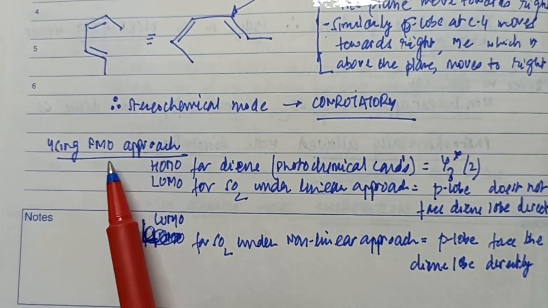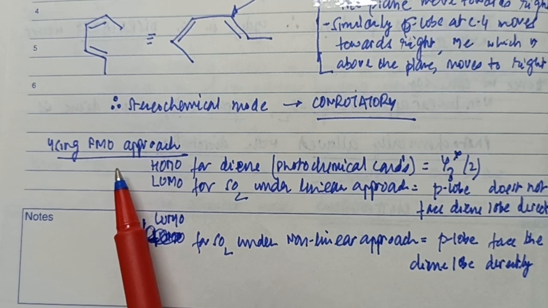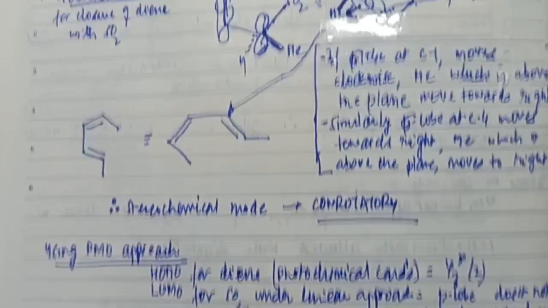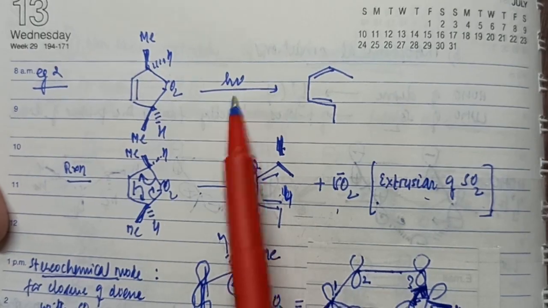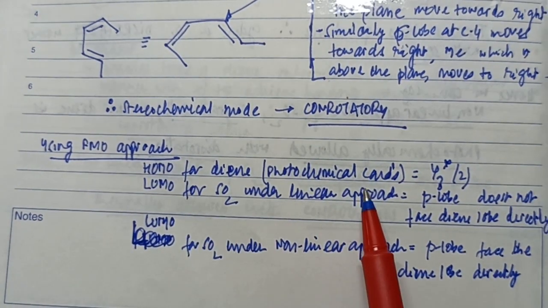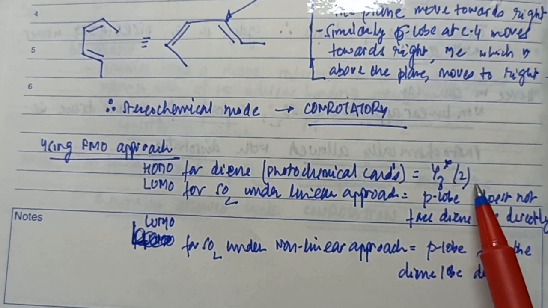Now we have to work out the approach, linear or non-linear, in the case of sulfur dioxide extrusion. Using the FMO approach, since the conditions in this reaction are photochemical, the HOMO of the diene under photochemical mode is Psi 3 star with 2 nodes.